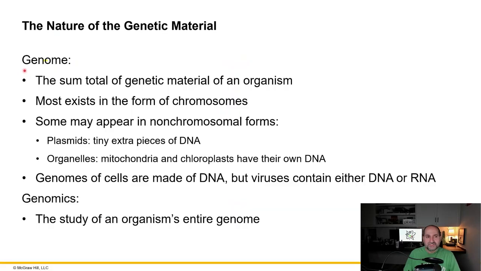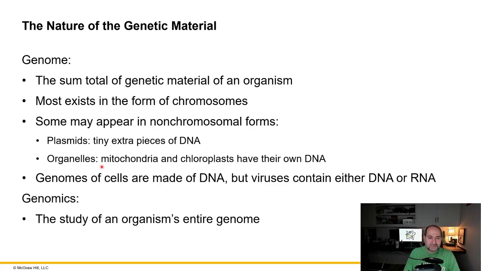When we refer to the genome, we're referring to all of the genetic material of an organism. Most of our genome exists in the form of chromosomes. For instance, humans typically have 46 chromosomes. However, remember, we also have what's known as extrachromosomal DNA. This is DNA that lies outside of the nucleus. This DNA falls inside various organelles, like our mitochondria.